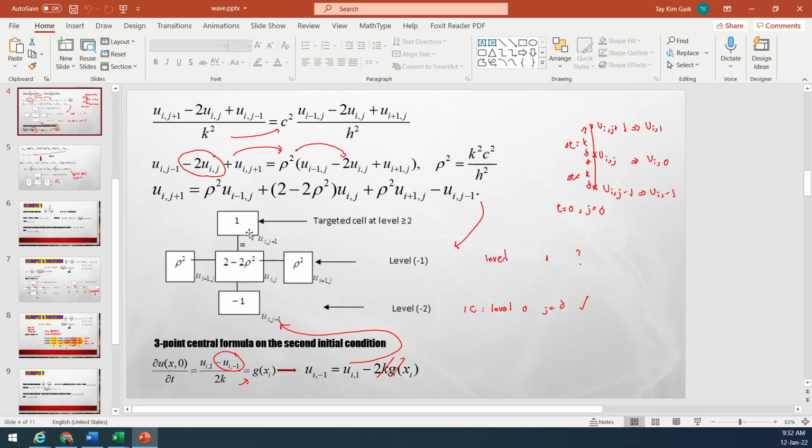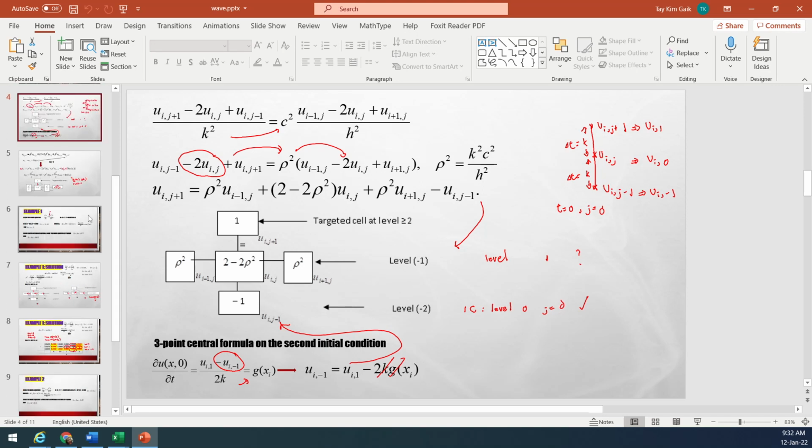So this is the 3-level scheme for level 2 onward. One time of ui j plus 1 is starting from level 2 onward. Left molecule rho squared, center 2 minus 2 rho squared, right is rho squared, bottom is negative 1.